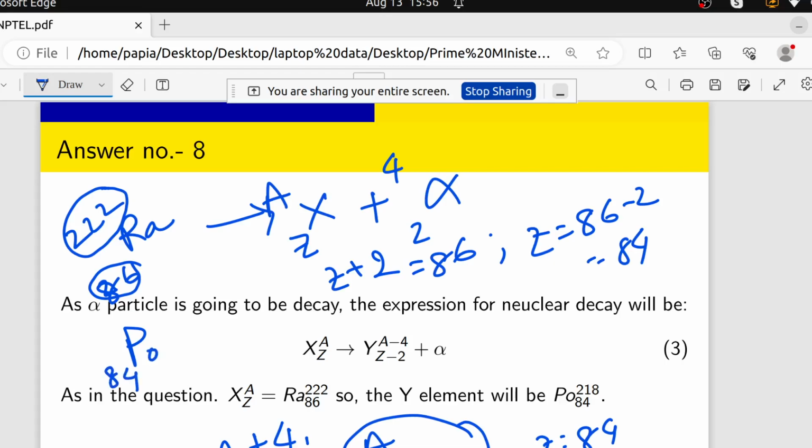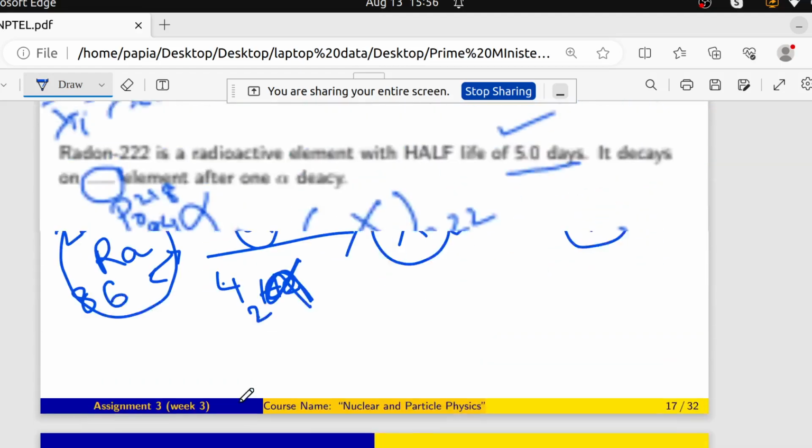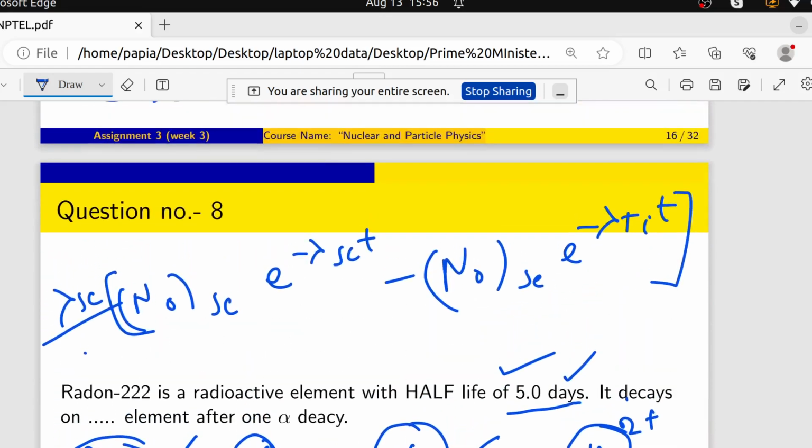That's why we have written here Po 84-218. This is the answer for question number 8. Radon 222 is a radioactive element with a half-life of 5 days. It decays to Po 84-218 element after 1 alpha decay.